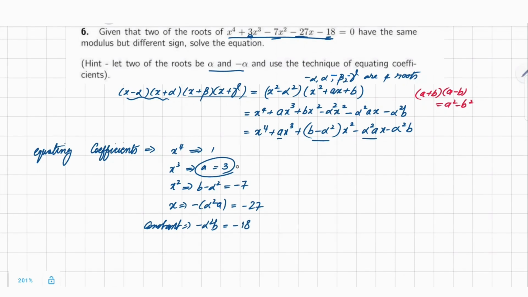We have the value of a. We can substitute it in this equation and we get minus alpha squared times 3 equals minus 27. We can take off the negative signs from both sides and divide the whole equation by 3.